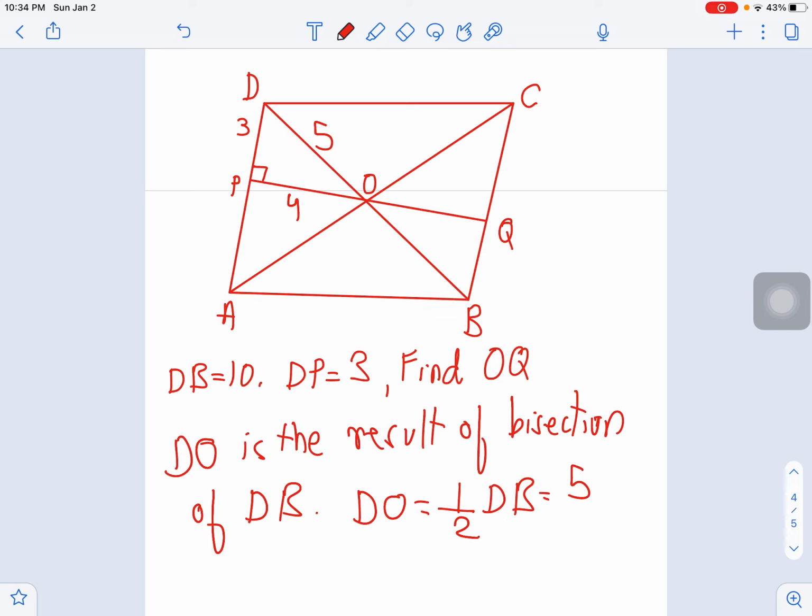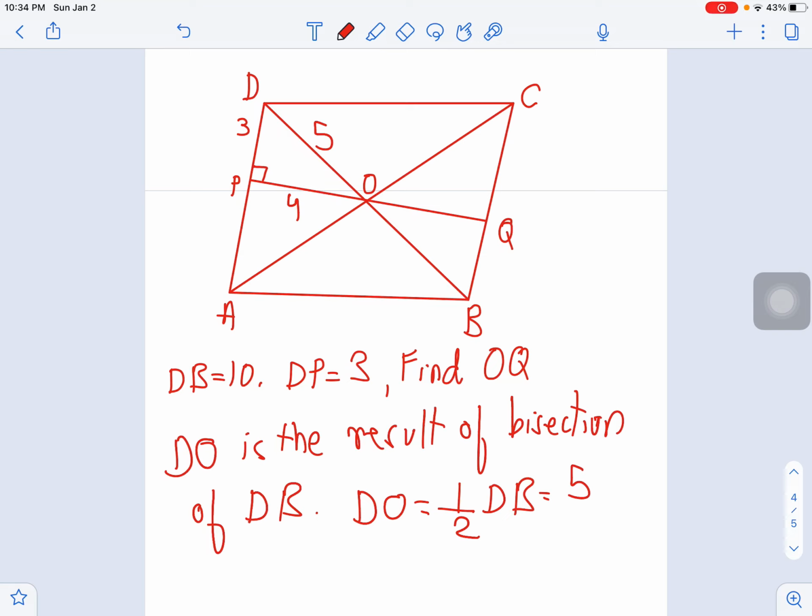The question in front of us is to find OQ. Let's focus on the fact that AD is parallel to BC, opposite sides of a parallelogram, and that gives you DP parallel to CQ.